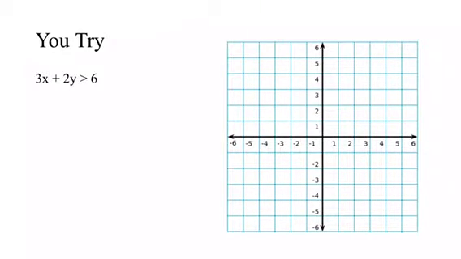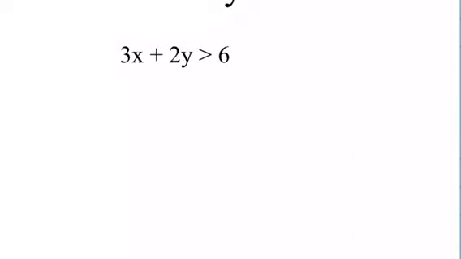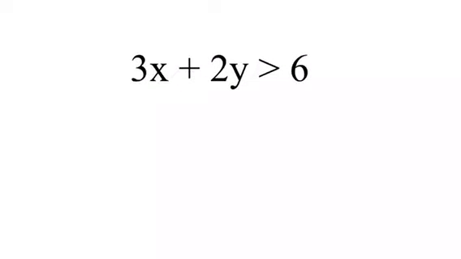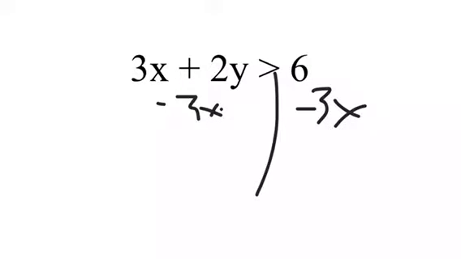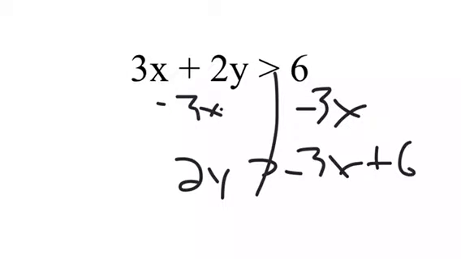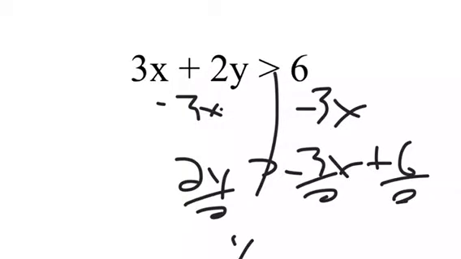Alright, go ahead and pause the video and do the first one, you try. So when you're doing this, the first thing you should have seen is it's greater than, so dotted line. Subtract 3x from both sides. So you have 2y is greater than negative 3x plus 6. Divide everything by 2. We'll have y is greater than negative 3 over 2 x, leave it as a fraction, plus 3.